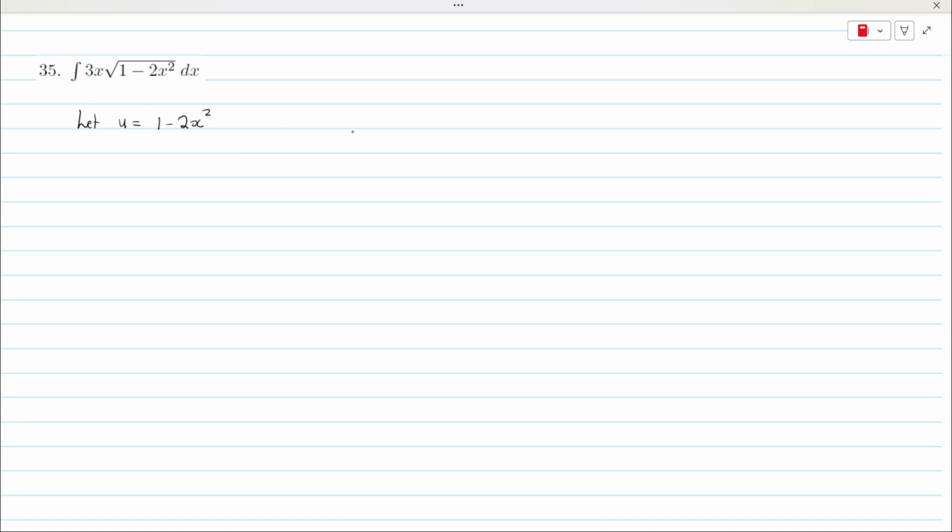What I want to do next is find the derivative of u in terms of x. So I will say du over dx is equal to the derivative of 1 minus 2x squared. Because I am applying the rules of derivatives, I apply the power rule of differentiation, which is n times x to the n minus 1.